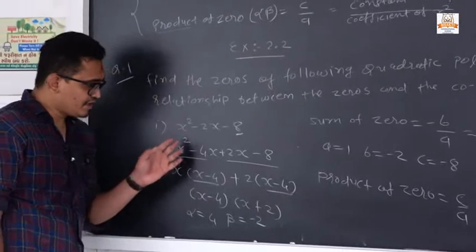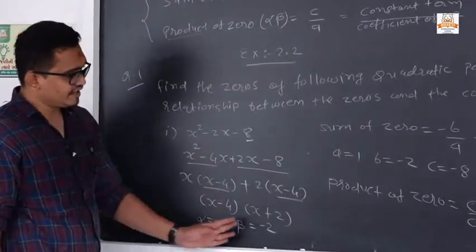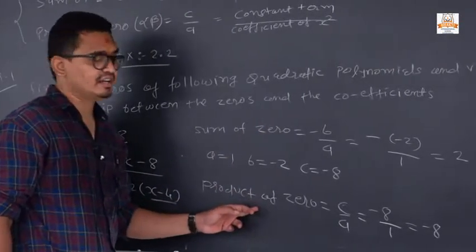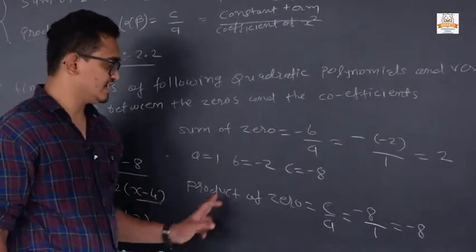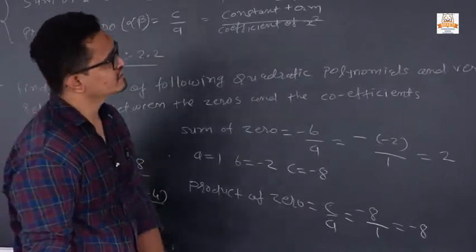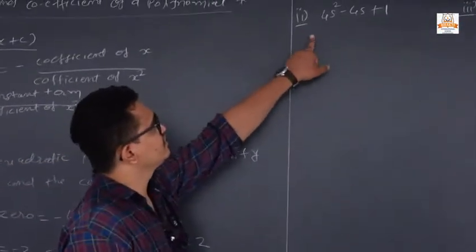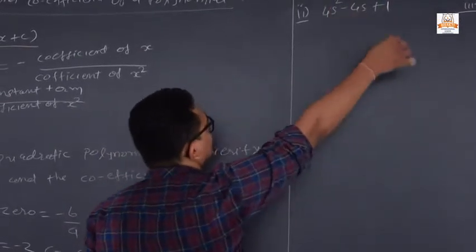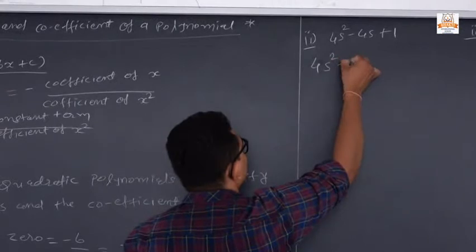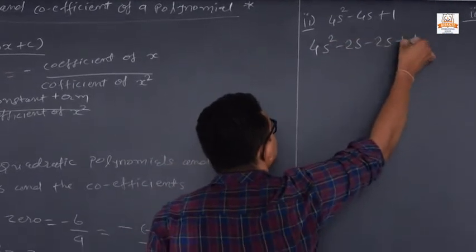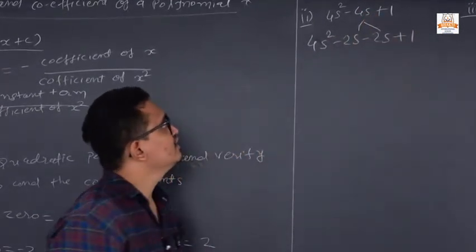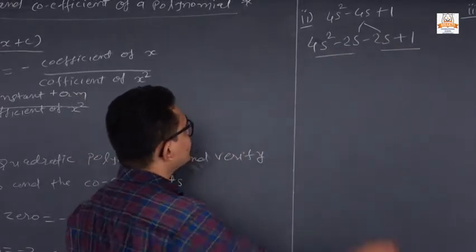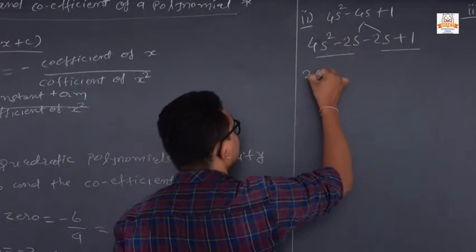First of all, by using factorization we can find out its zeros, and then we can find out the relationship between coefficients and zeros. So it means sum of zeros and product of zeros. Now second question, same. First of all we can factorize. So 4 ones are 4, so we can factorize like that, 2 twos are 4. See that, 2 twos are 4. Now once again, which is the common? Here 2s is a common.